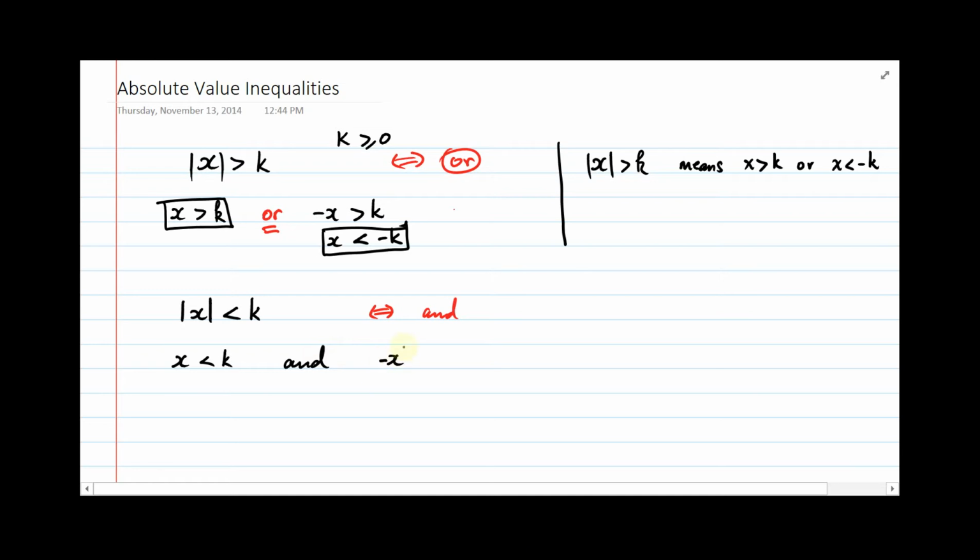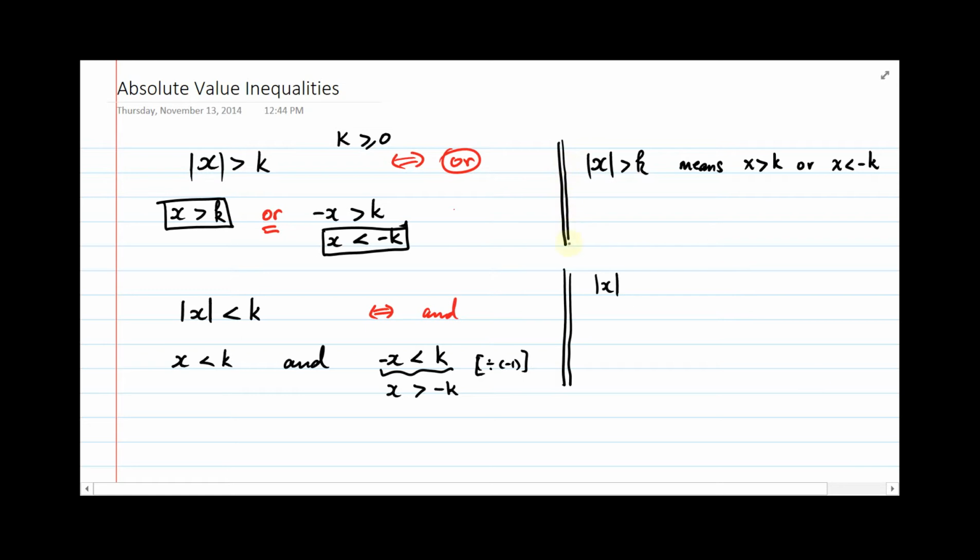We have the absolute value of x could be negative x if what's inside is negative. Let's simplify here. That is, we're going to divide throughout by negative 1. If I do that, then there's a reversal of the sense of the inequality. It changes direction. So in the first case, this is one way that we can write this.